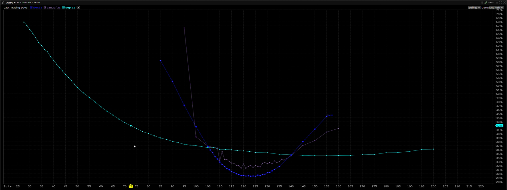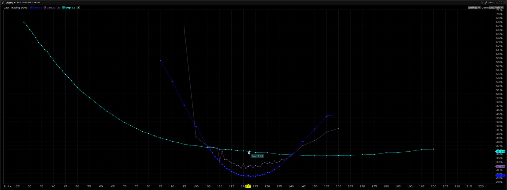But you can see here, when we go further out, because we were in the weeklies a minute ago, this is just on Apple, that at the money right here. So you can see that, let's say there were no other considerations, it'd be more advantageous to sell a call against long stock we owned, going a little further out in September, because you see on the right hand side, it's like 35% as opposed to 29%.